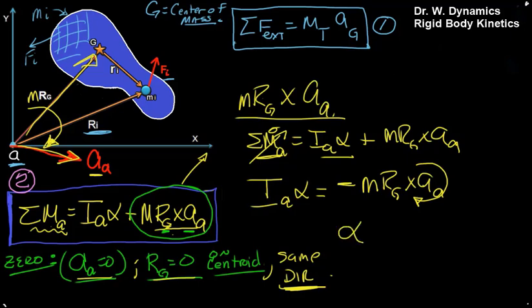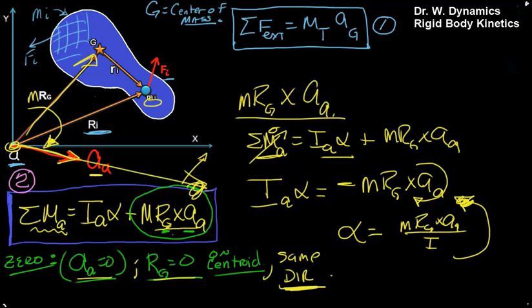So we find the alpha will be mRg cross AA over I, and it will be in this direction. And think about that. If we take this system here and just suddenly accelerate it in that direction, this thing is going to rotate with some alpha due to that.